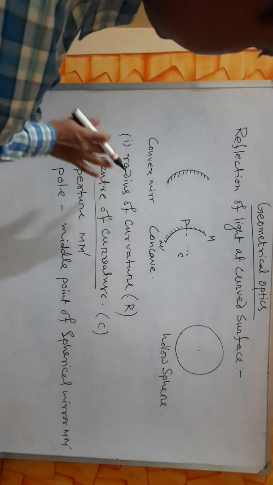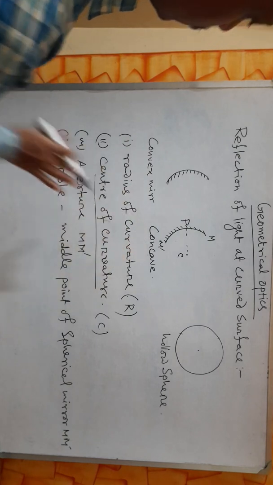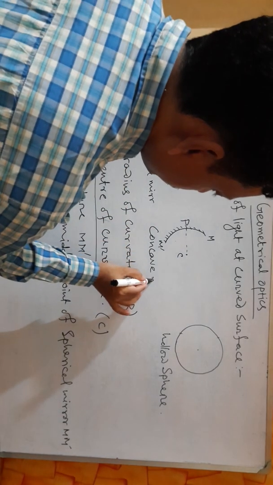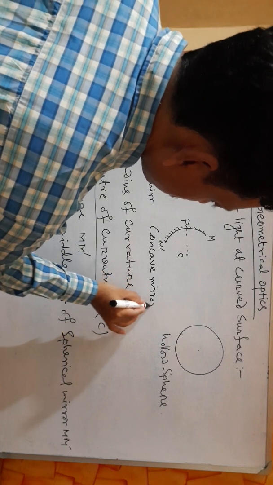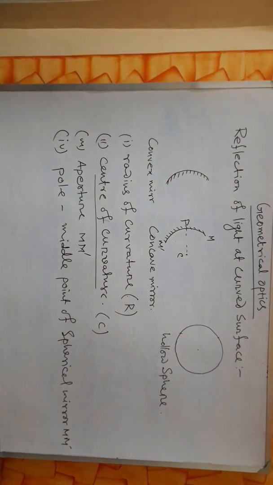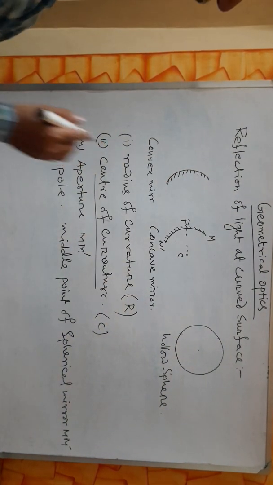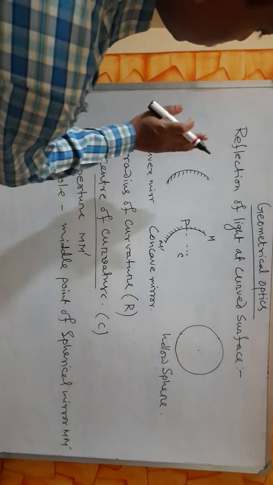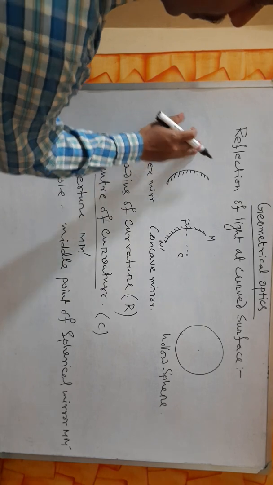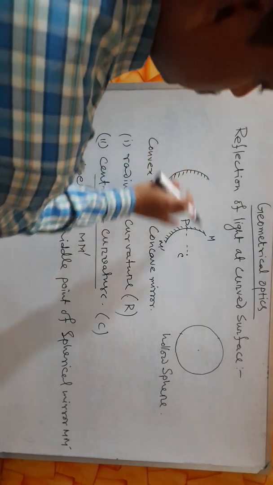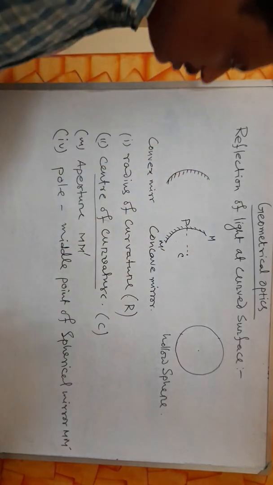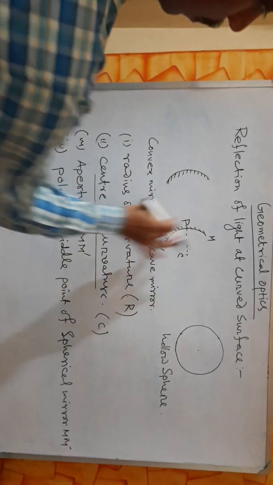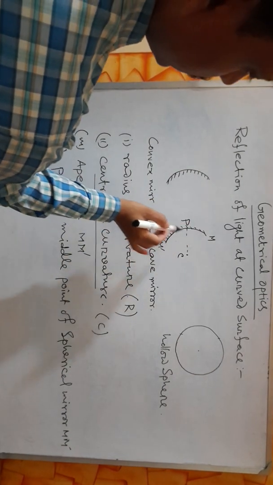The mirror is of two types, generally convex and concave. The reflection in the convex mirror is on one side, and the other side is silver coated, and in the concave mirror the reflecting side is silver coated.